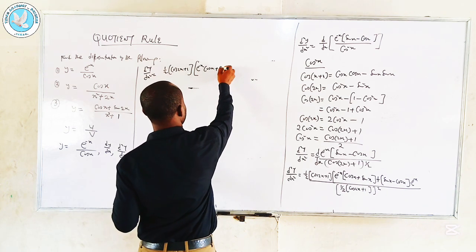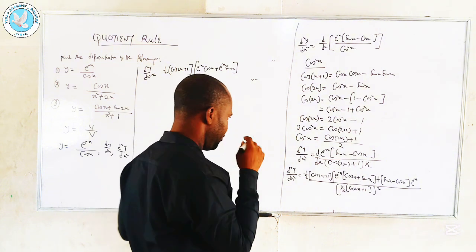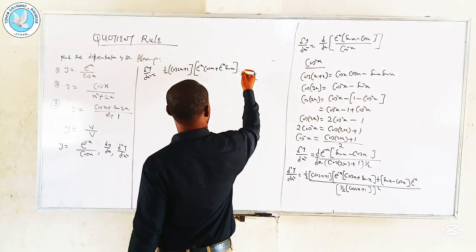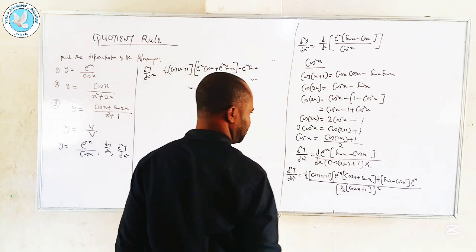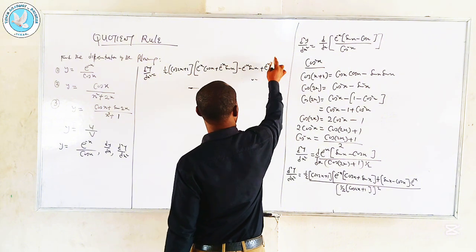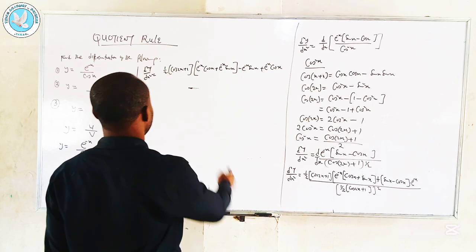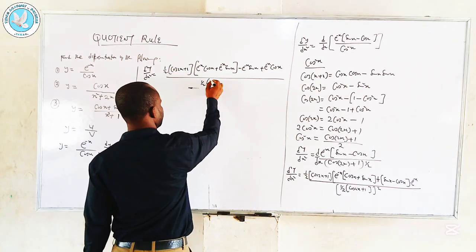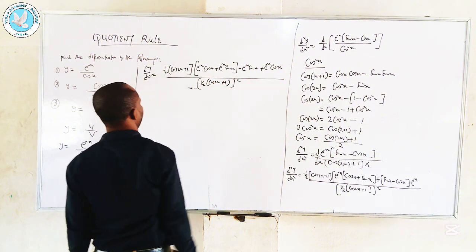The same thing goes here, sine x. So we have done for that. This is minus, so we have minus exponential x, and also plus exponential cos x. We can divide the whole thing by this denominator, all of this raised to the power of 2.